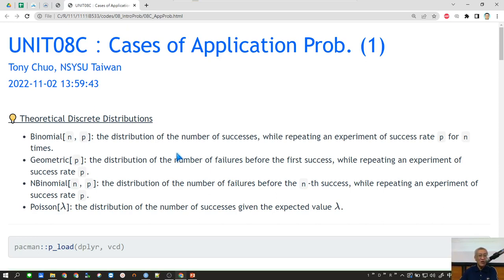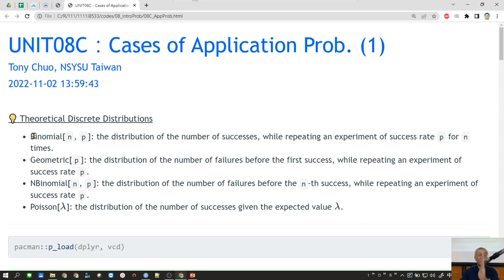Okay, because in business, when we get data, for example, the number of successes, right? The binomial is when you repeat an experiment with success rate P n times, and look at the distribution of the number of successes.